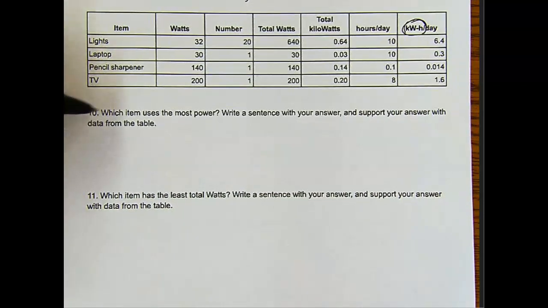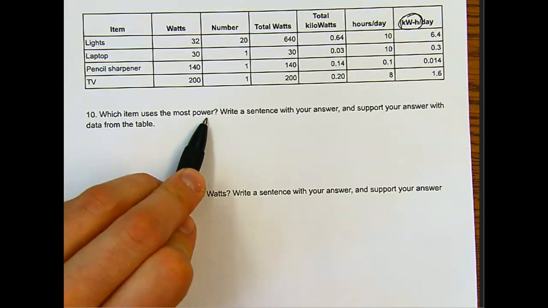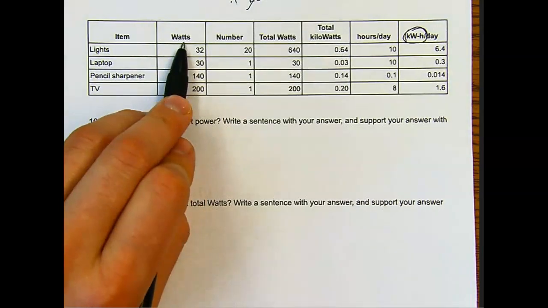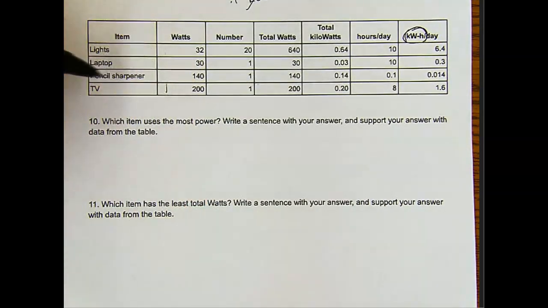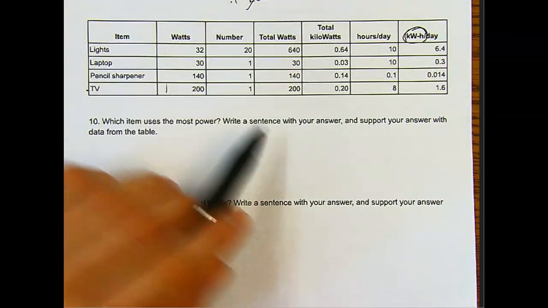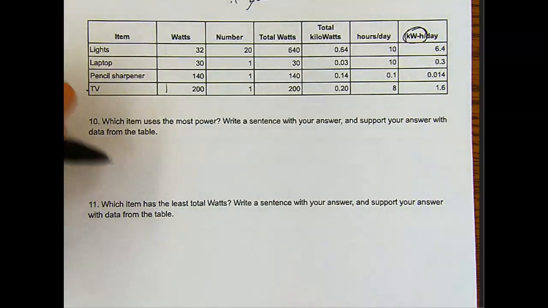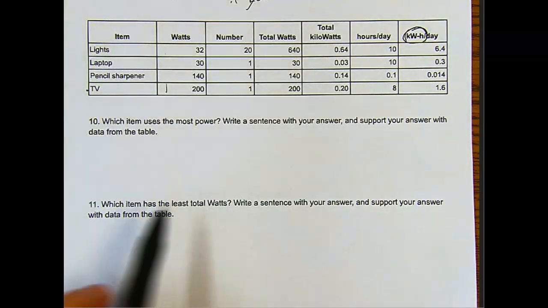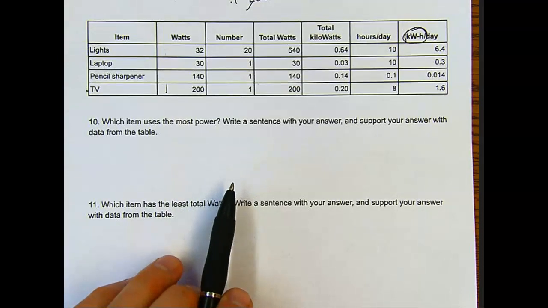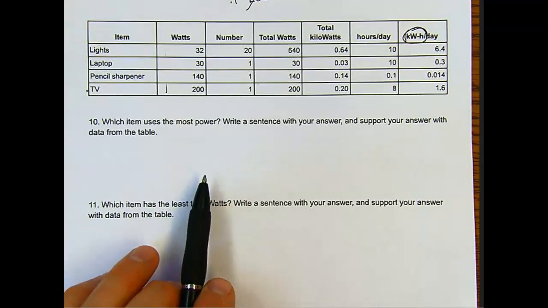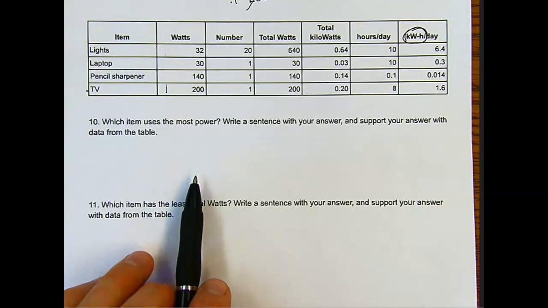All right, so which item uses the most power? Well, power is measured in watts. So I can look at this list here and I can easily see that the TV uses the most power from this list. All right, so if I was going to write a sentence, I'd say that the TV uses the most power. I can see that the TV uses 200 watts, which is the most from this list.